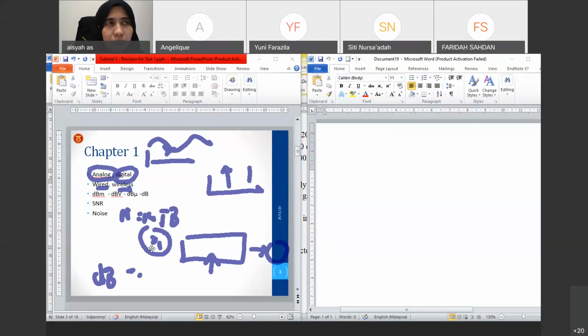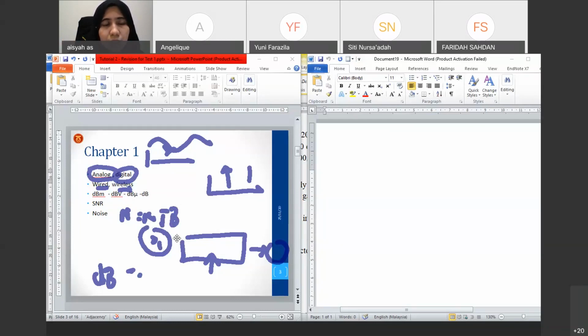We have internal and external noise. In some of the questions we have internal and external noise, so we use T internal and T external. The bandwidth is usually the same and K is constant.